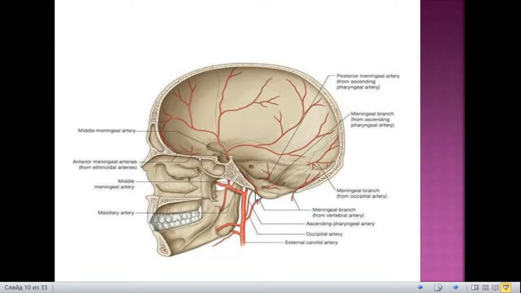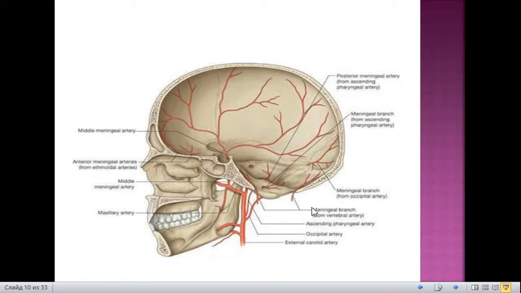After that, the meningeal branches of the stylomastoid artery, from the posterior auricular, from the external carotid. After that, the meningeal branches from the mastoid arteries, from the occipital, a branch of the external carotid.